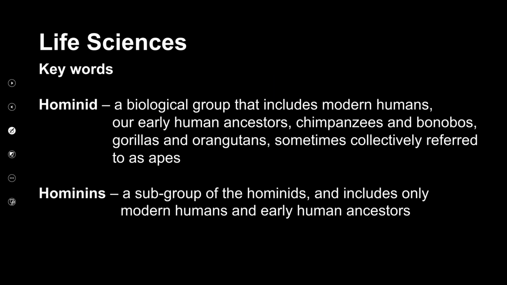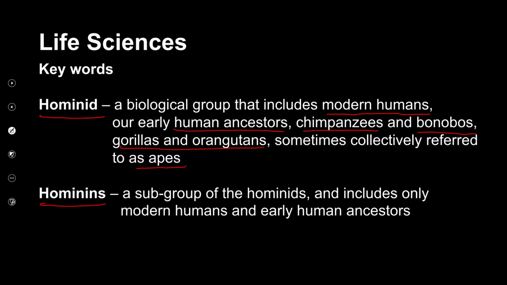Then we're going to look at the term hominid and the term hominin. A hominid is a group that includes modern humans as well as all the human ancestors, chimpanzees, bonobos, gorillas, and orangutans, known as the apes.